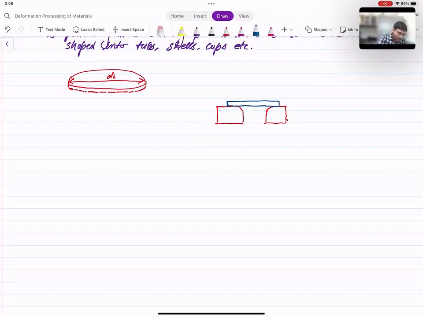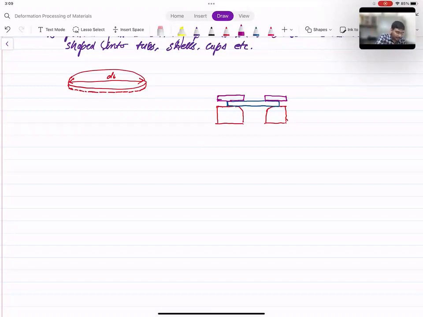So suppose these are our blank holders. They keep the blank in its position by pressing it down on the die. They are just to hold it. Okay.